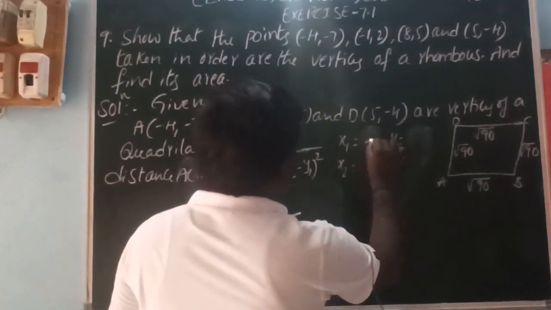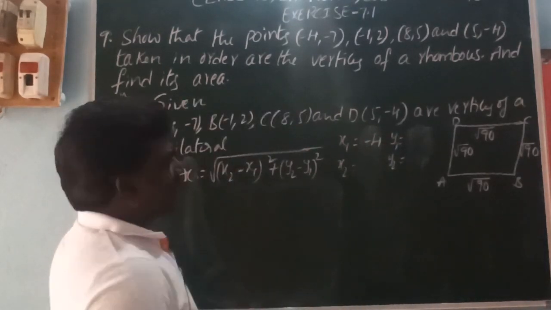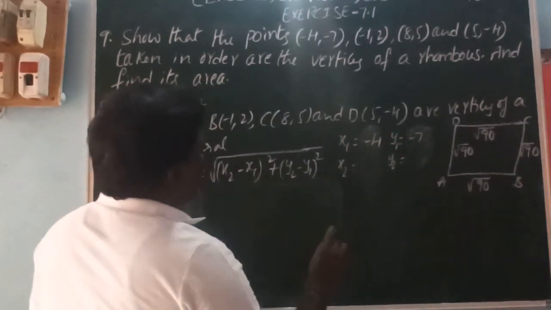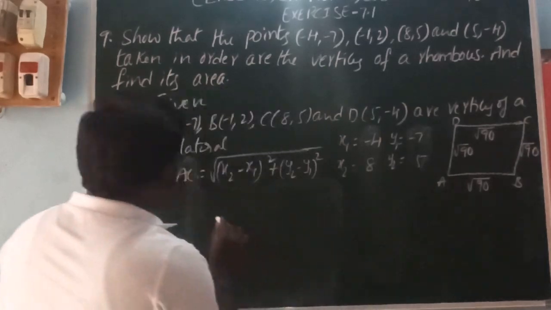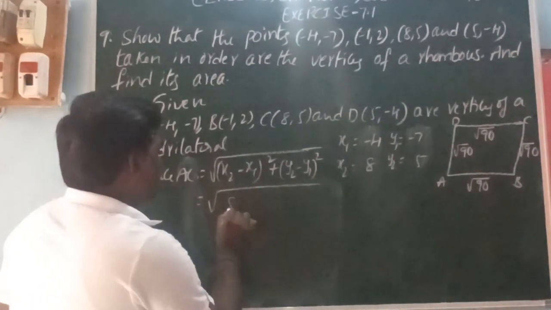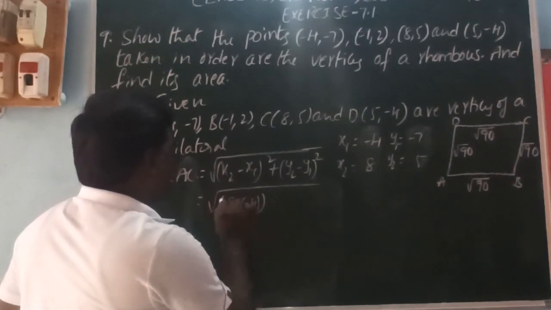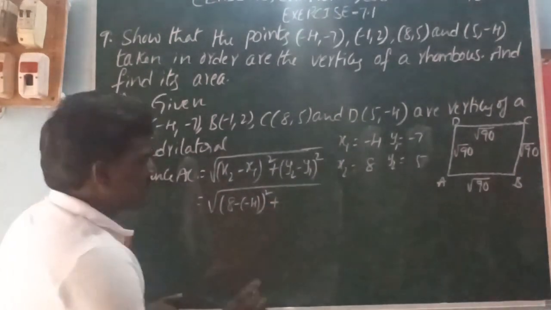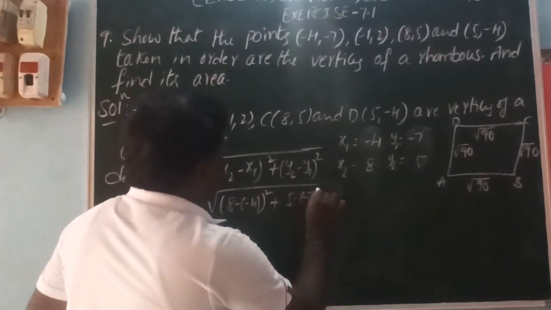A point is (-4, -7), that is x1 is -4, y1 is -7. C point is (8, 5). So that is the square root of (x2 minus x1) whole square, 8 minus (-4) whole square, plus (y2 minus y1) whole square, 5 minus (-7) whole square.